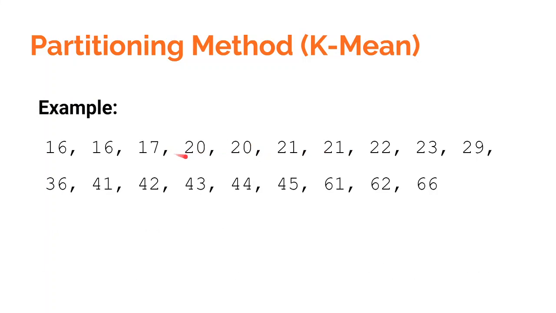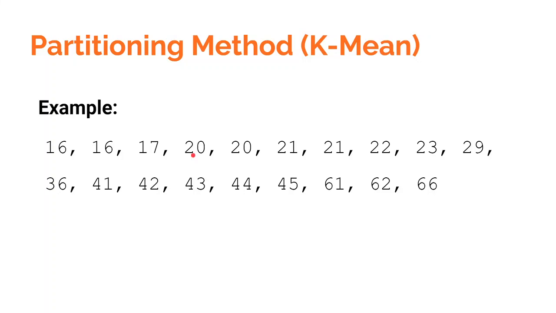Now the next value is 20. Which is the nearest value to 20, 16 or 22? Again we need to calculate the difference of 20 and 16. If you subtract 16 from 20, we get a difference of 4.